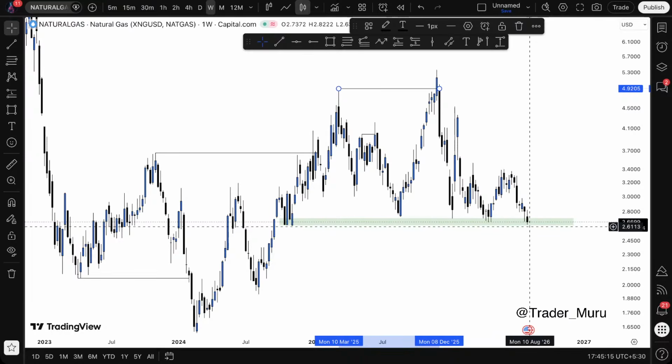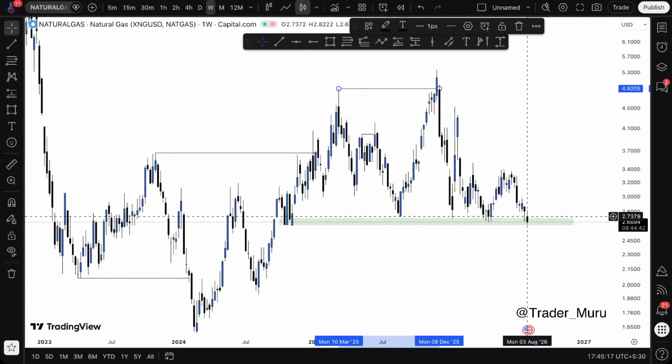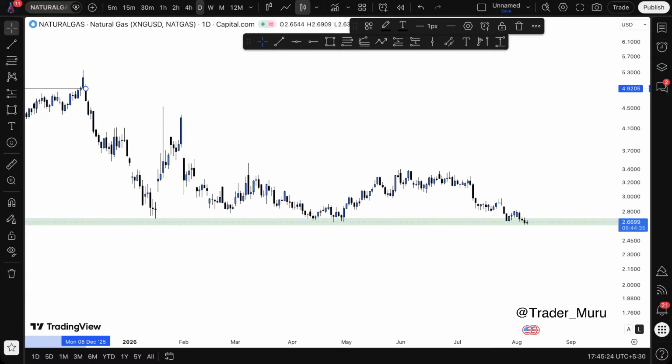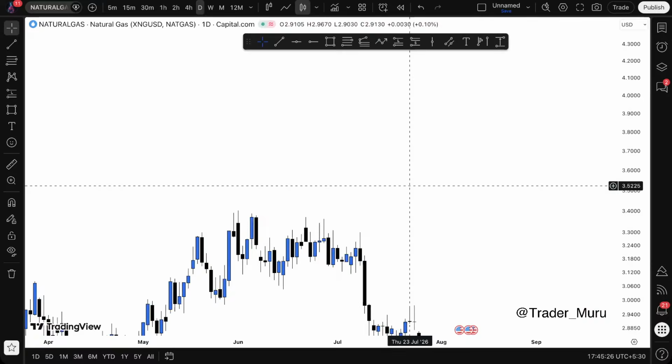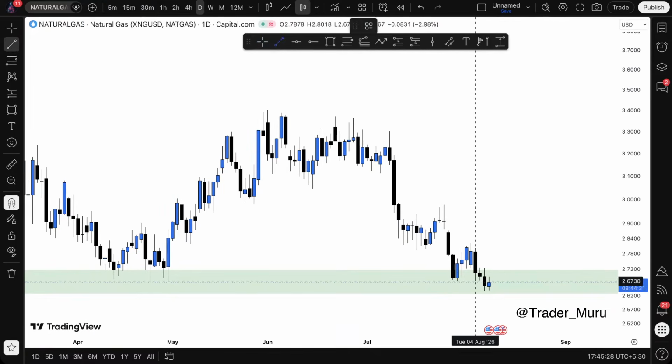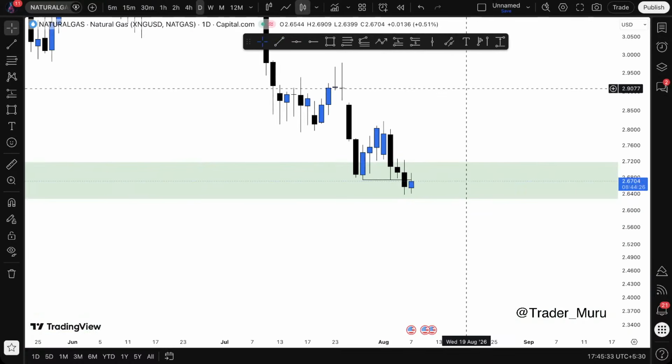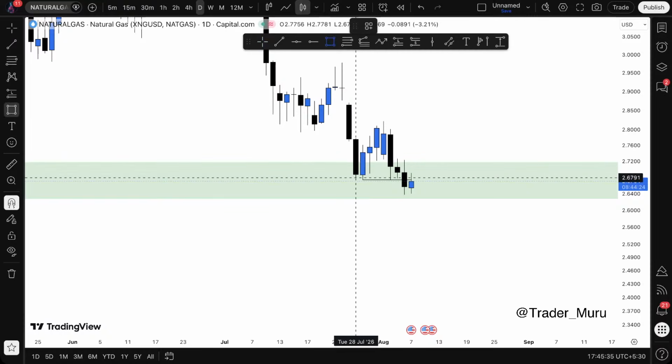If it is just a liquidity sweep, then price will sweep this area again, close above this green zone and start pumping. In the daily time frame, we have a breakout structure and price is testing the mitigation block, so it is bearish. In daily, it is bearish here.